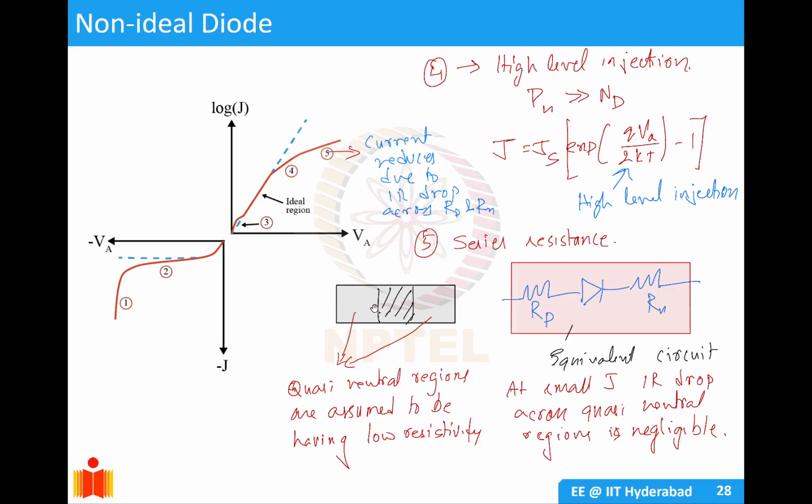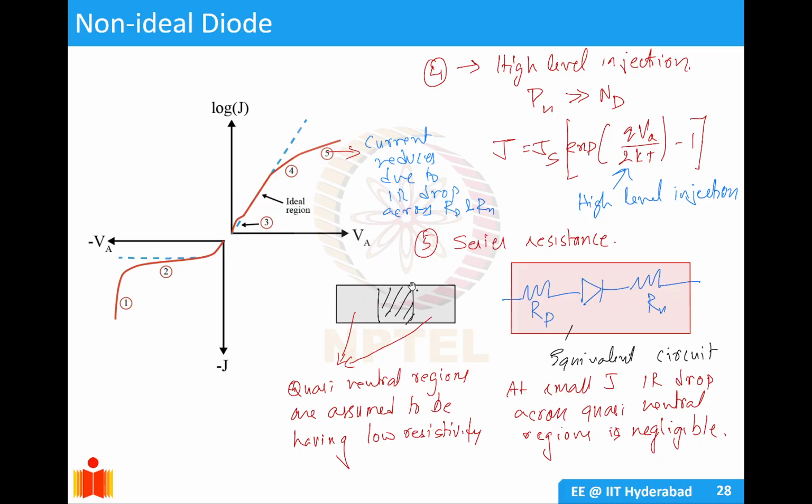the voltage drop across these quasi neutral regions is considered negligible, but when you have a very high amount of current, the voltage drop, which is V equals IR, across these quasi neutral regions becomes very high.